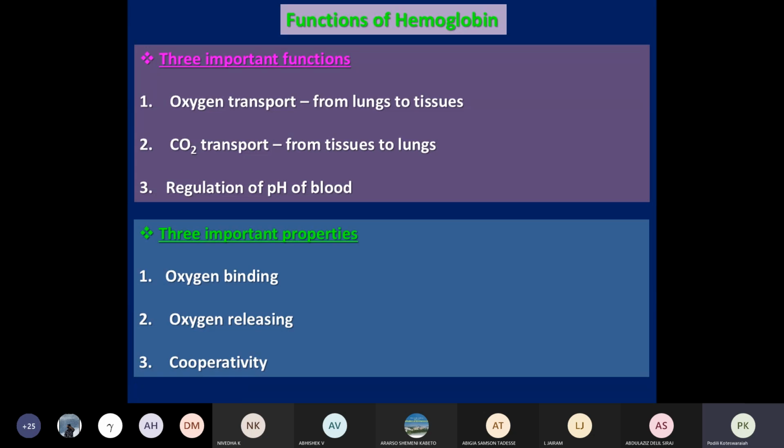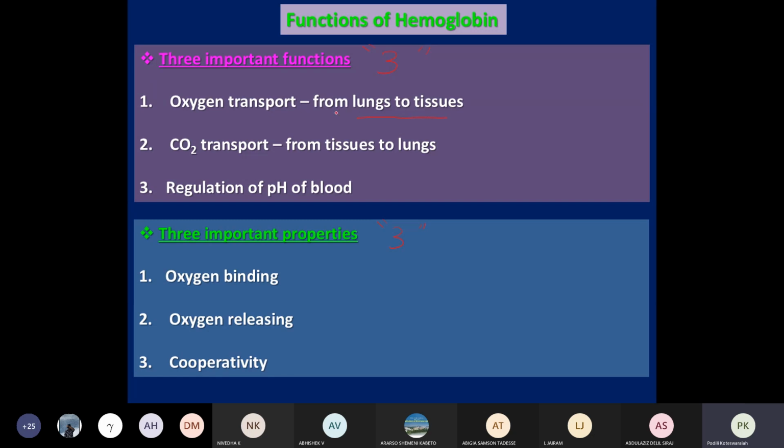And coming to the details of the hemoglobin, hemoglobin has three important functions and three important properties. The three important functions are: one, it has the ability to transport oxygen from lungs to tissues.